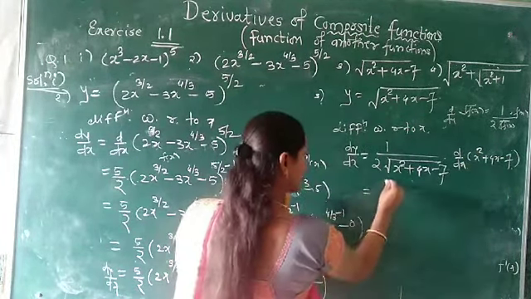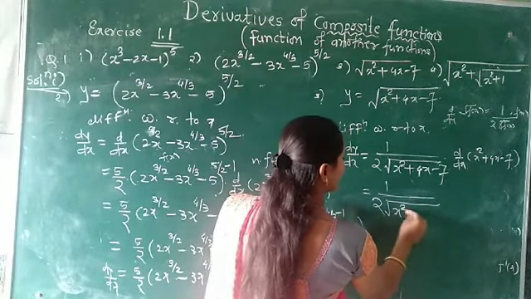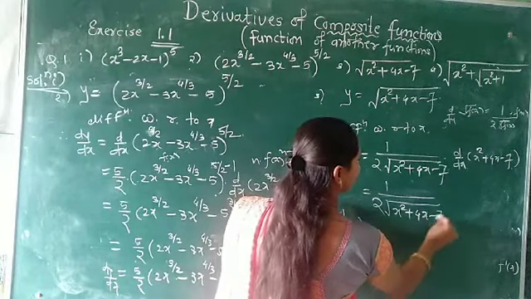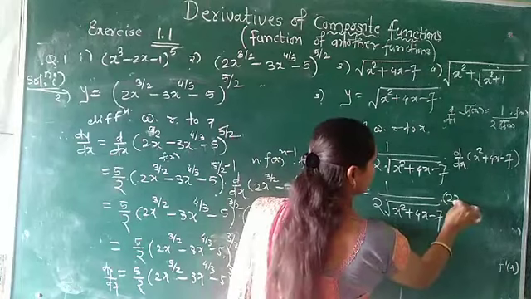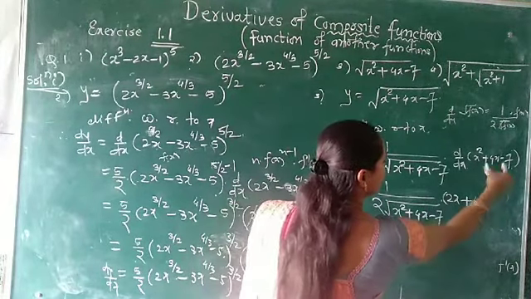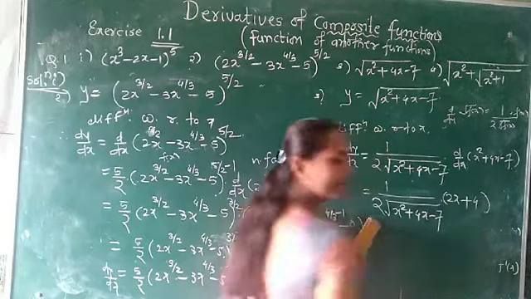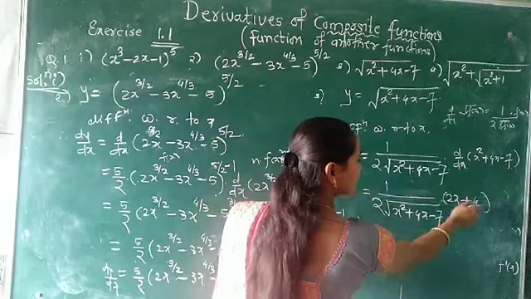Now again keep this term as it is, 1 upon 2 root x square plus 4x minus 7 times what is the derivative of x square? That is 2x, plus the derivative of 4x is constant 4, and the derivative of 7, which is constant, is 0. We can simplify this term. This is 2x plus 4.